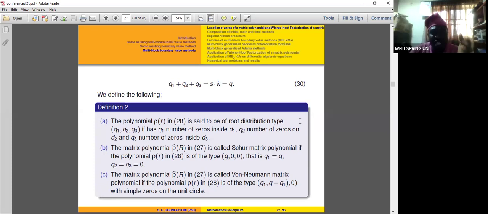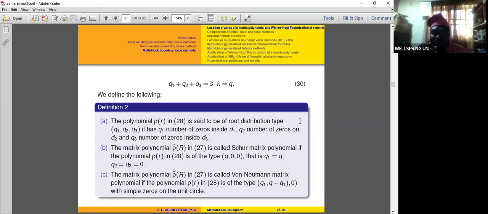The first one says that the polynomial in 28 is said to be of root distribution type Q1, Q2, Q3 if it has Q1 number of zeros inside D1, Q2 number of zeros on D2, that is roots on the boundary, while Q3 is the number of zeros inside D3, where D3 is telling us about roots outside the unit circle.